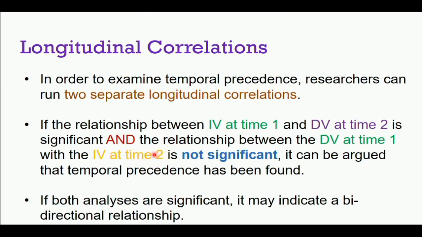And if there's a significant relationship between IV at time 1 and DV at time 2, and there's no relationship between the DV at time 1 and the IV at time 2, then we can establish temporal precedence. Now that concept is very confusing, so I'm going to illustrate it with some pictures. Don't panic yet if it's going in one ear and out the other and all you're hearing is blah, blah, blah. Okay? So if both analyses are significant, though, it indicates what we call a bidirectional relationship.